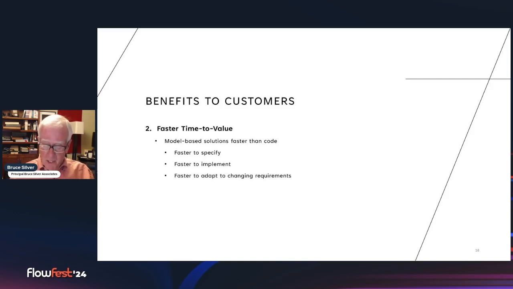Faster to specify because you can more easily engage the subject matter experts upfront in requirements development, and more quickly verify that the requirements are complete and self-consistent. Faster to implement because you're building on top of standard automation engines. The custom code is just for specific system integration and user experience details. And faster to adapt to changing requirements because often this involves only changing the model, not the custom code.